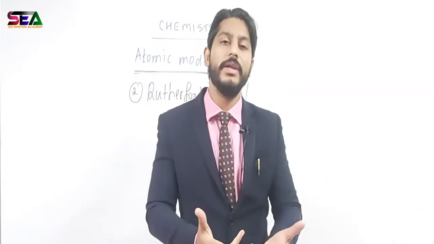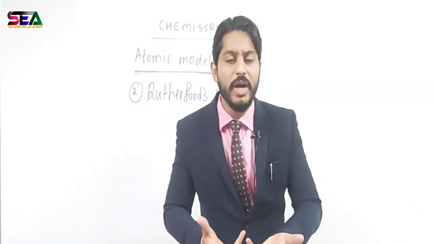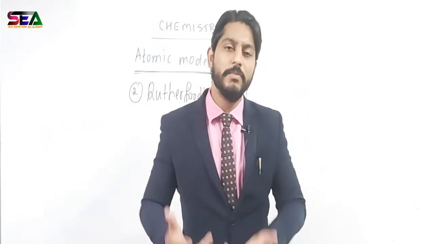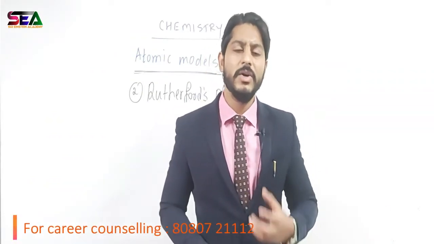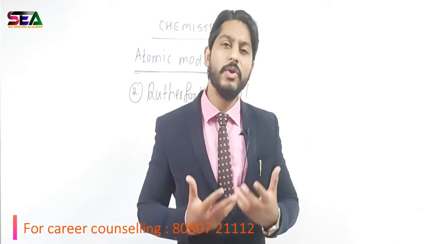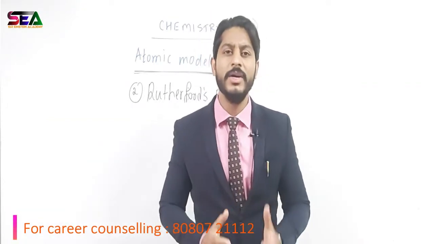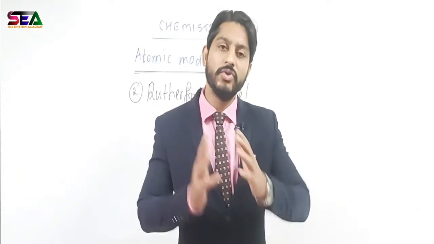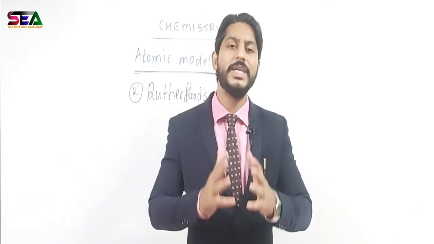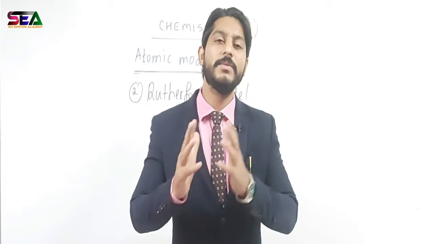However, we know very well an atom is not at all ceasing. It is continuing its existence throughout. So this limitation couldn't be explained by Rutherford, and hence we found the need for a next, more sophisticated model, and it was presented by scientist Niels Bohr.